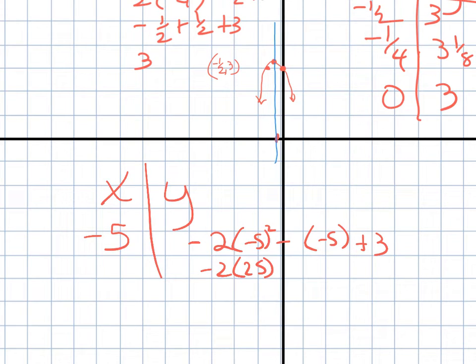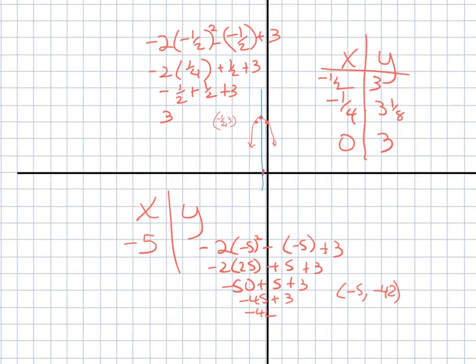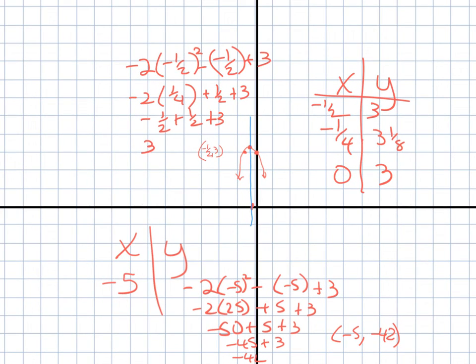See how this is going to give me a huge number? So it would give me negative 50 plus 5 plus 3, negative 45 plus 3, so negative 42. So then I'd have to try to graph negative 5 and negative 42. So that's why I try to use my line of symmetry, or pick something that's closer. Because sometimes it's going to go really quick and get really big.